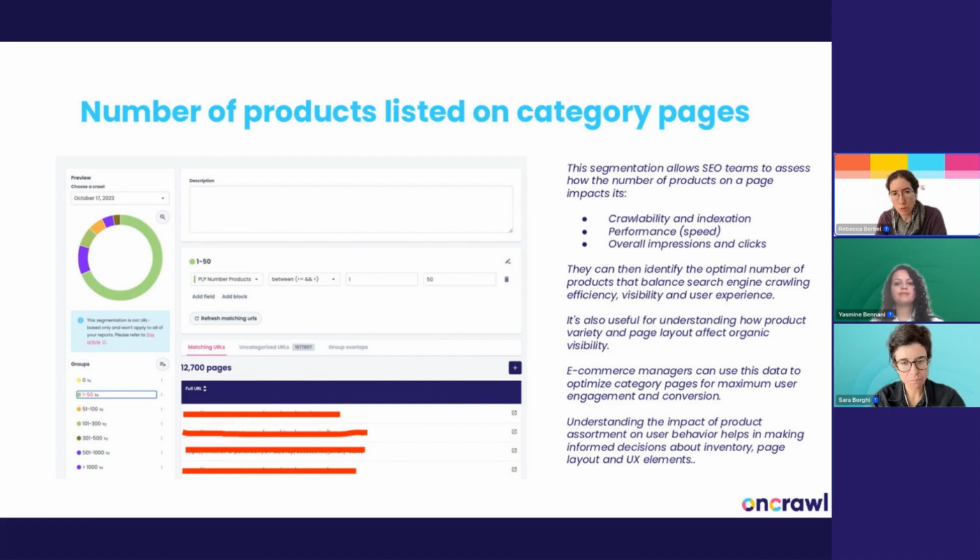That's showing you in real time, as you modify your segmentation, how the pages in your site break down into that segmentation. The different groups that you've listed here and the way you've defined each group change in real time based on any of the given crawls that you want to apply this to as you're creating it. So there are different ways of creating it, and it's much more real time.